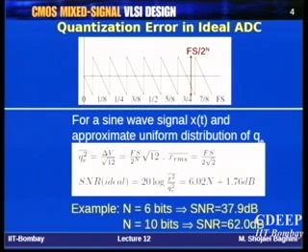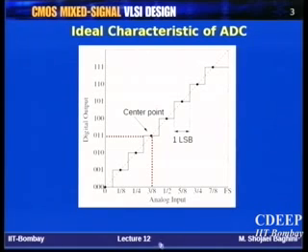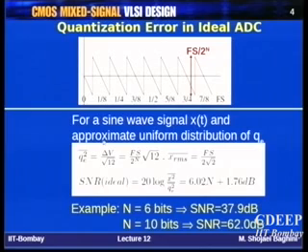Now we started looking at the quantization error, again for the same 3-bit ADC. Quantization error essentially tells you that everything is ideal here, nothing is non-ideal. Even in a perfectly ideal ADC, you will see quantization. The reason is that you are assigning one single code to a range of input voltages, and that gives rise to quantization.